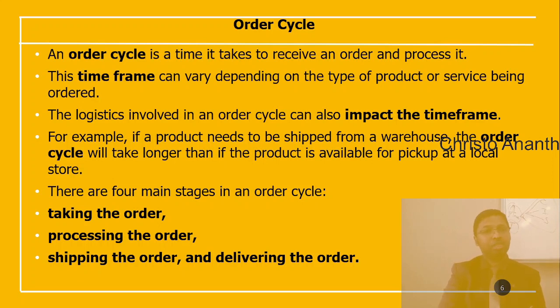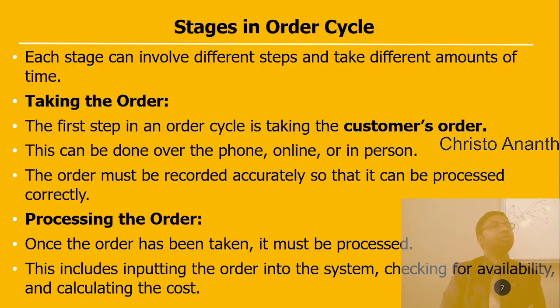There are 4 stages: taking the order, processing the order, shipping the order, and finally delivering the order. Every stage will have several subsequent steps, and each of these process steps will take a different amount of time.